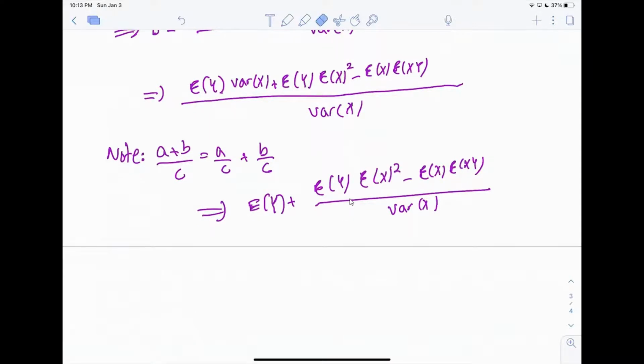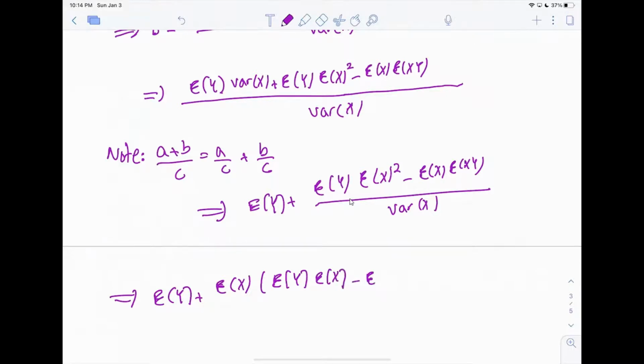I can factor out E[x]. What do I get? E[x] times (E[y] E[x] minus E[xy]), divided by variance of x.